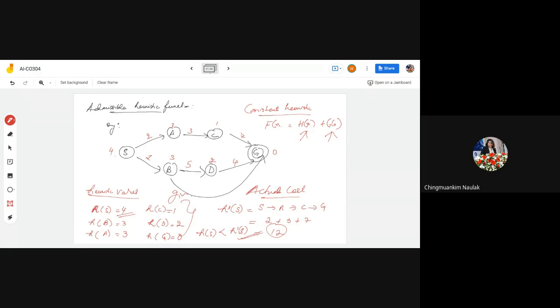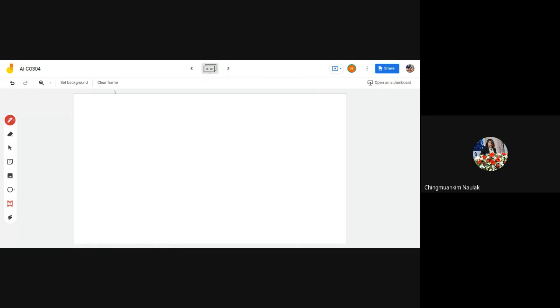Let me give one example. For example, you have this node A. From A you can go to B, C, or D, and then from B you can proceed further to E and F. F to G, that's the goal node.